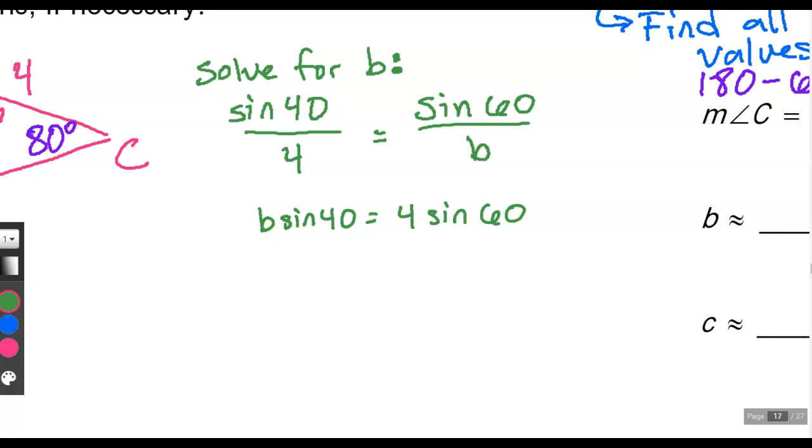But then is B by itself yet? No. We have to divide by sine 40.